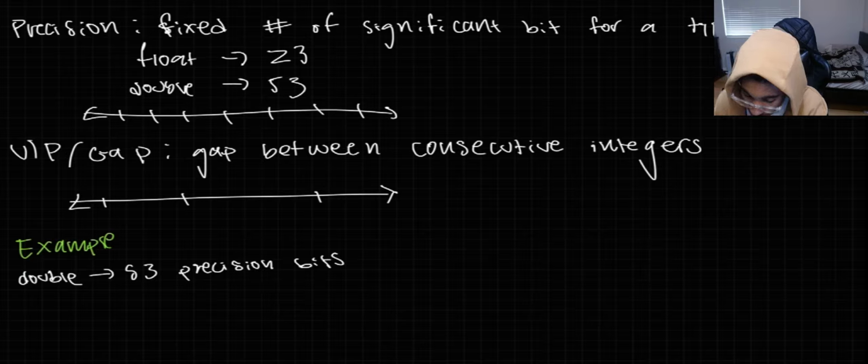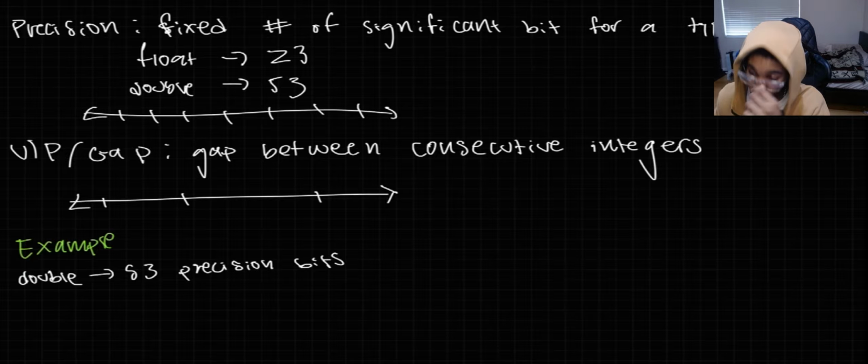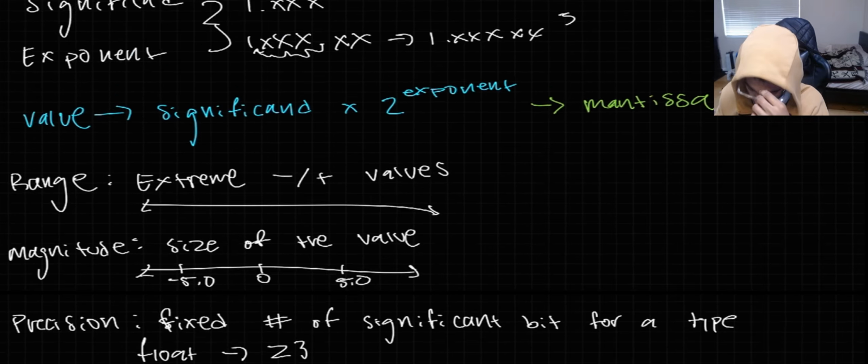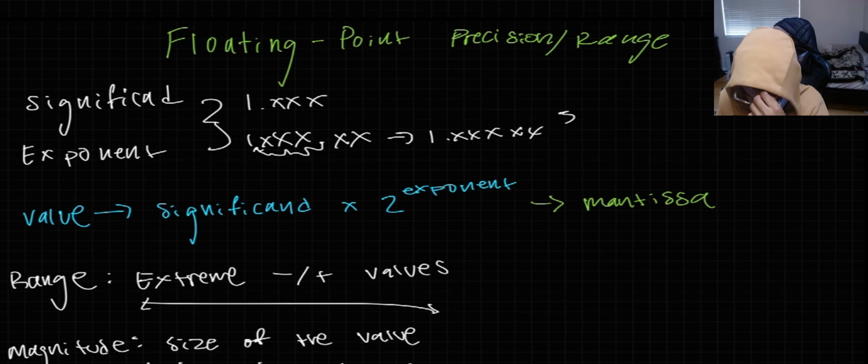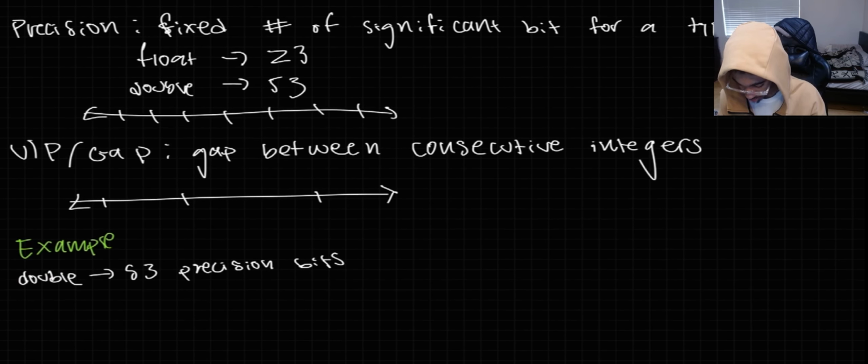And that means that it can represent every consecutive integer up to 2 to the power 53. Now remember, I told you, a floating point value is evaluated by the significand times 2 to the power of the exponent. So in the case of a double, that exponent would be 53. So 2 to the power of 53.